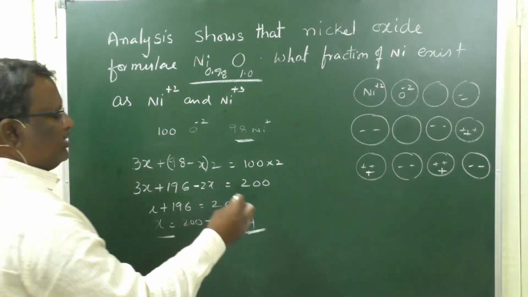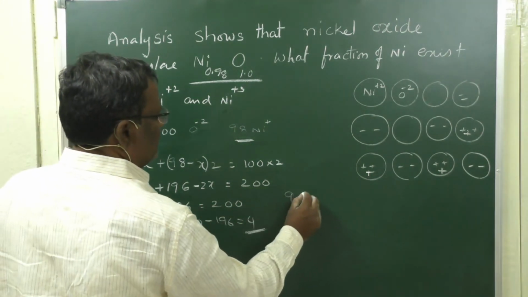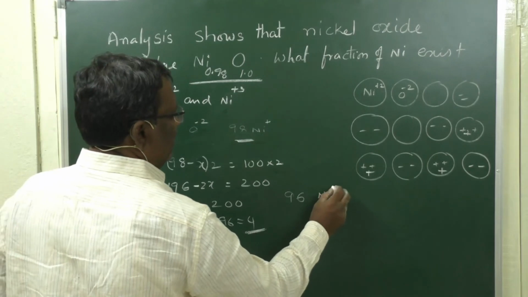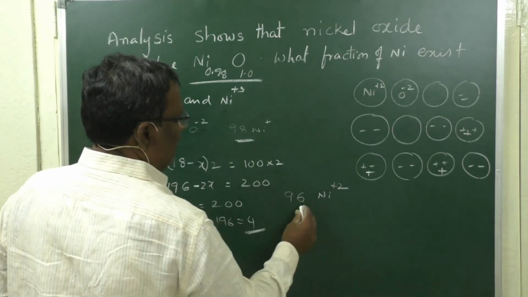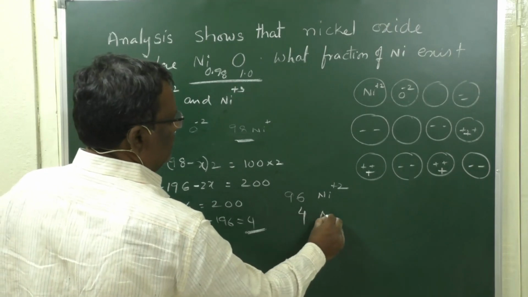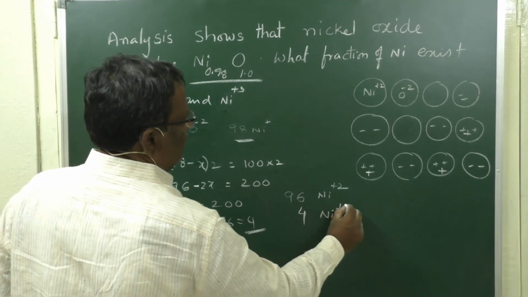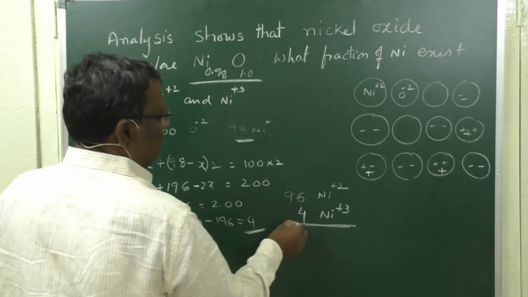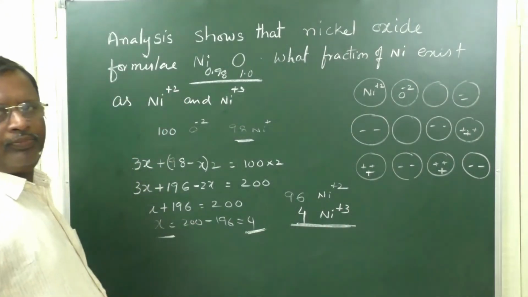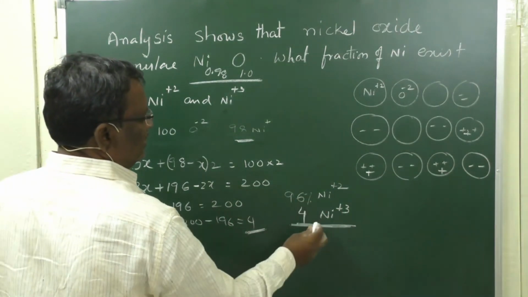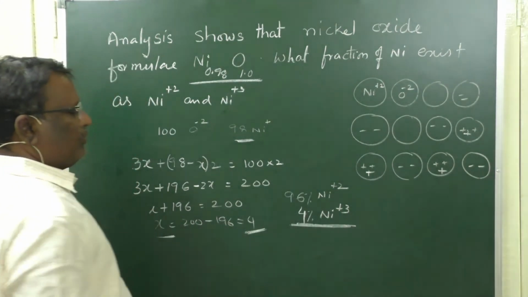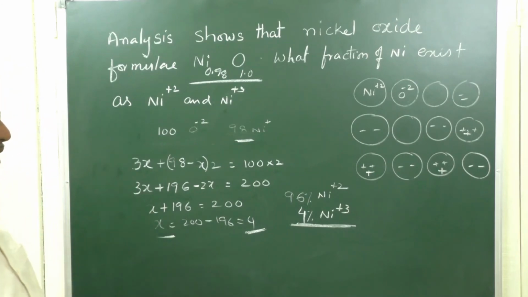So, the ratio is 96% Ni plus 2 and 4% Ni plus 3 ions are present. So, the fraction of Ni plus 2 and Ni plus 3 is 96% and 4%, so that the electrical neutrality will be maintained.